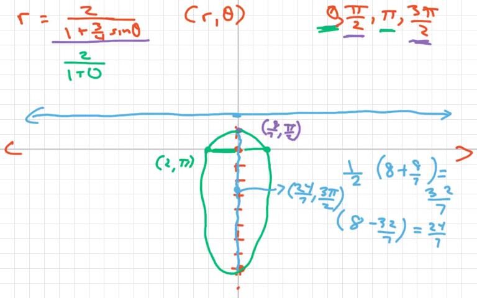And then for the C part, the foci, C is actually 24 over 7 minus 0, which is 24 over 7.